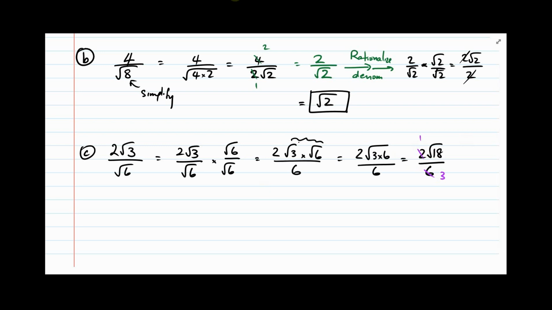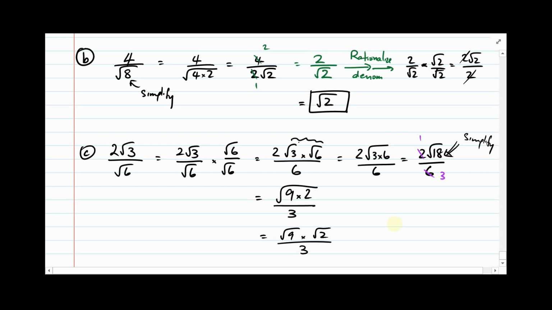And let's continue. Although we have rationalized the denominator, it is not in its reduced form. We need to simplify the 18. You will notice 18 is 9 times 2. And so continuing, the square root of 9 times the square root of 2 over 3.